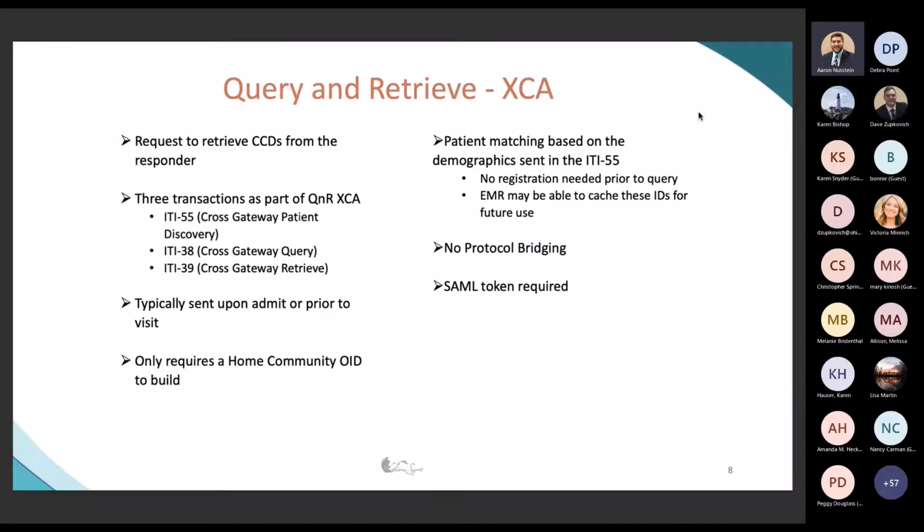Again, because we use demographics to match on an ITI 55, we don't require that registration for matching. So an ADT feed is not necessary to move forward, and no protocol bridging is needed here because we're able to provide the comprehensive document just through XCA.